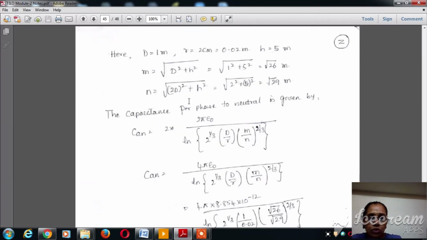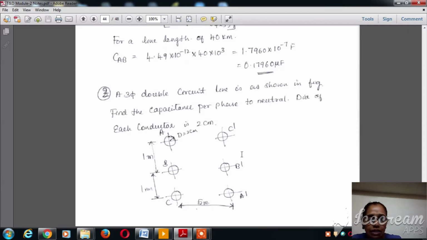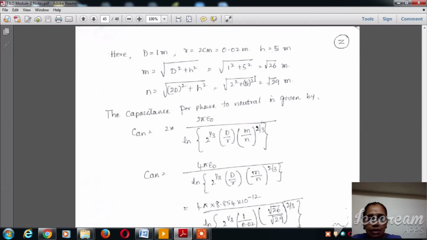D is 1 meter, H is 5 meters, so that is 1 square plus 5 square, that is 26, root of 26 meters. Now what is N? N is equal to square root of (2D) whole square plus H square. Now 2D means 2 for the double circuit, 2 square because D is 1, plus 5 square, square root of 29 meters.